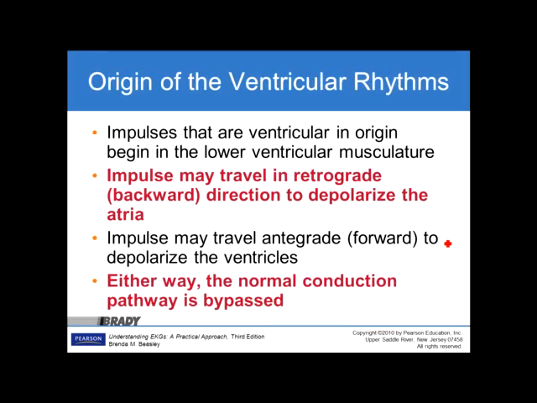Origin of ventricular rhythms. Impulses that are ventricular in origin begin in the lower ventricular musculature. Impulses may travel in a retrograde, or backwards, direction to depolarize the atria. Impulses may travel antegrade, or forward, to depolarize the ventricles. Either way, the normal conduction pathway is bypassed.